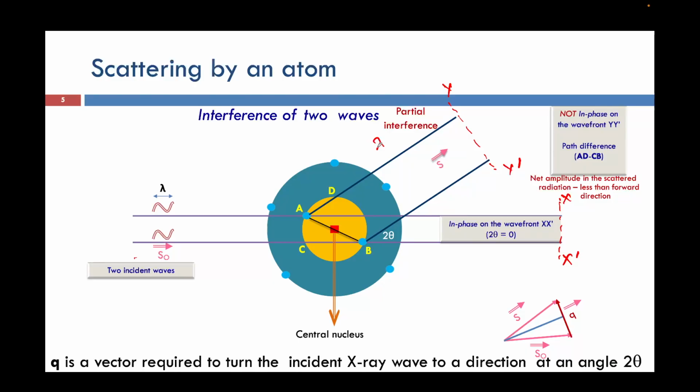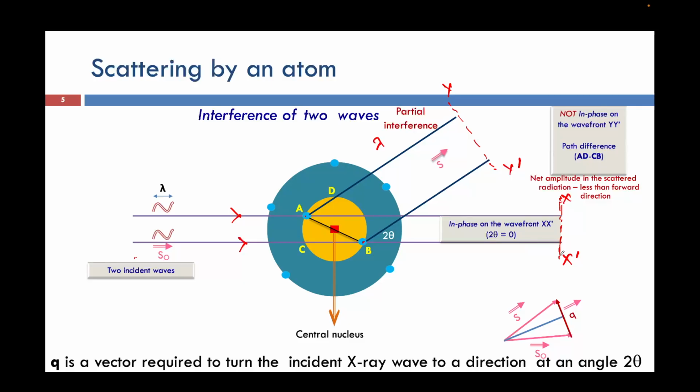So now we will see how the interference of the two waves happens when they both are scattered by two different scattering centers. Here one electron is there, here another electron is there. Now you can see this is my incident beam, and I try to calculate what will be the phase difference.